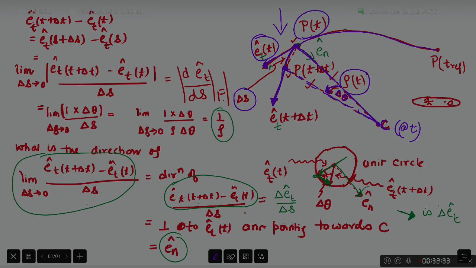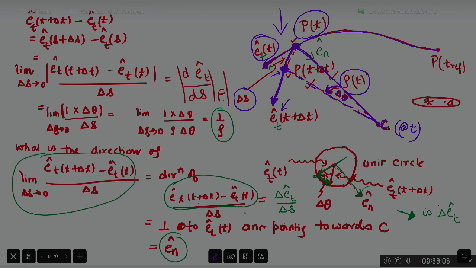However, it is possible to displace this vector in a way that I do not change its direction, but I only take its tail, which is here, and make it coincide with the tail of the unit vector et at time t. Should always be possible, right?